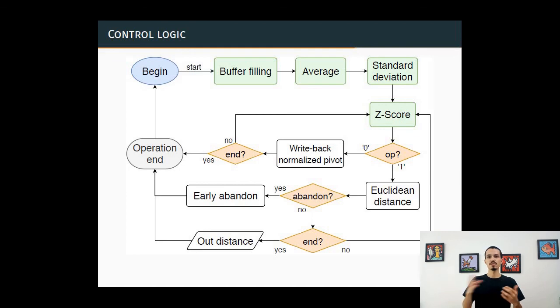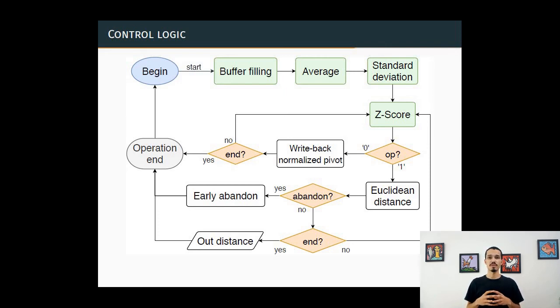Else, we continue to the next chunk of the target shapelet to normalize. In this way, at the end of the operation, we will have a distance between two shapelets as the output.